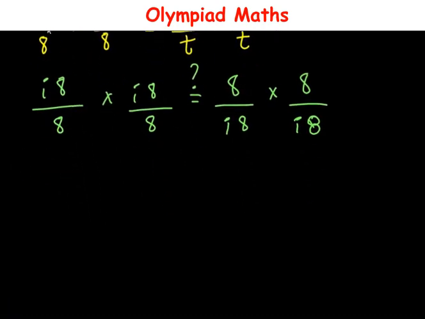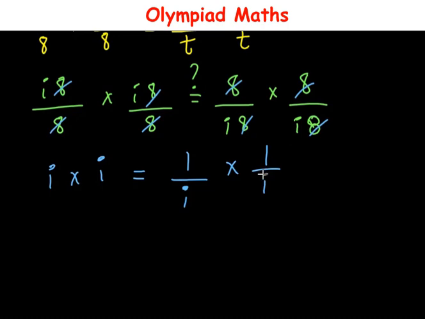So from here, 8 divided by 8, we have i, times i, will equal 8 divided by 8, we have 1 over i, times 1 over i. From here, i times i is i squared, equals 1 times 1 is 1 over i times i is i squared.